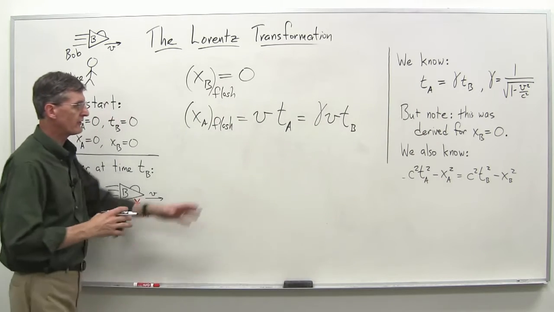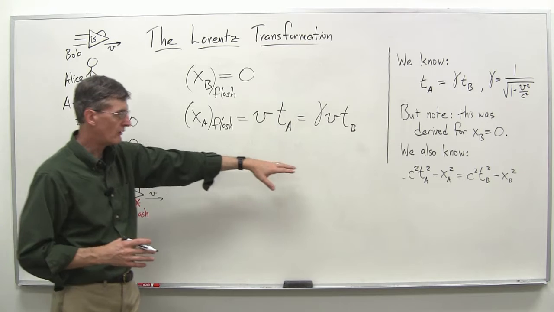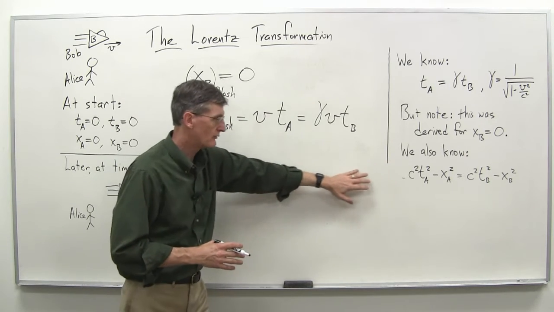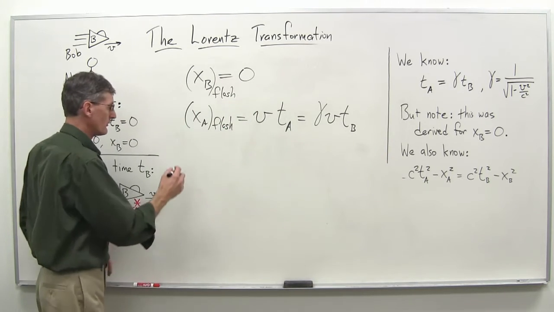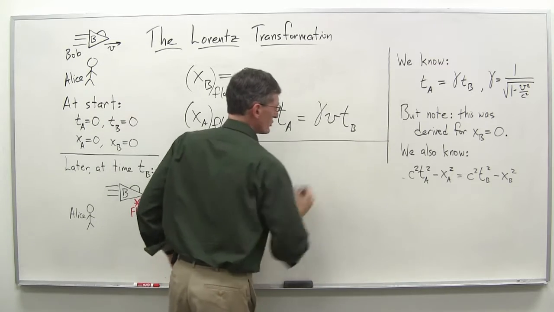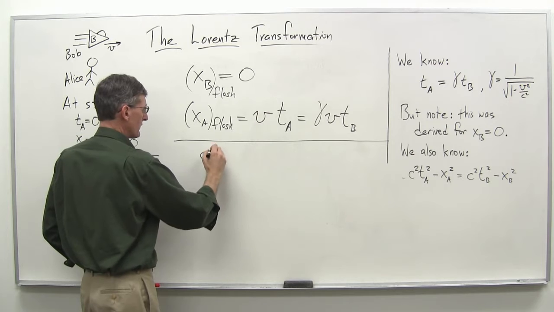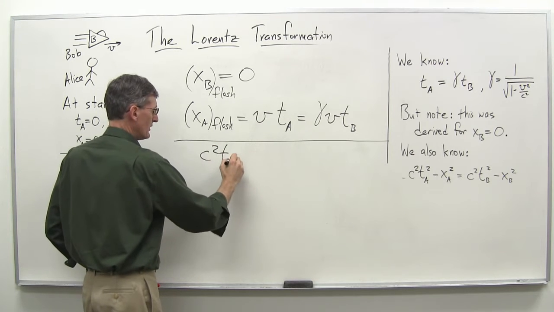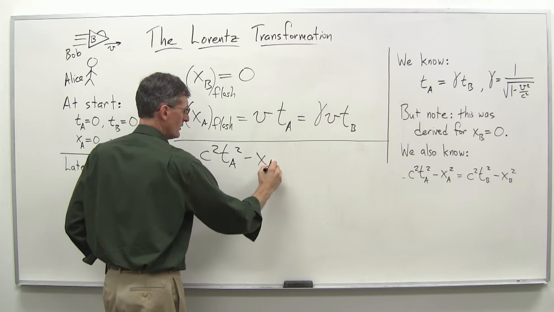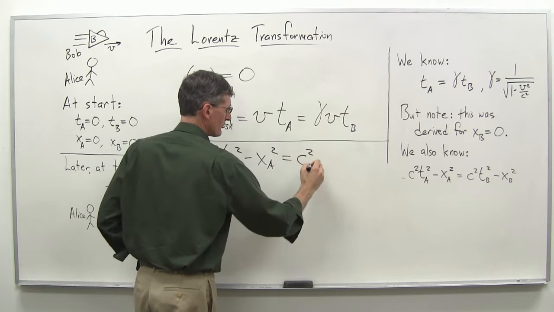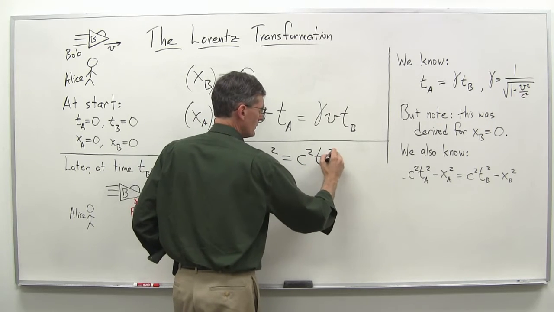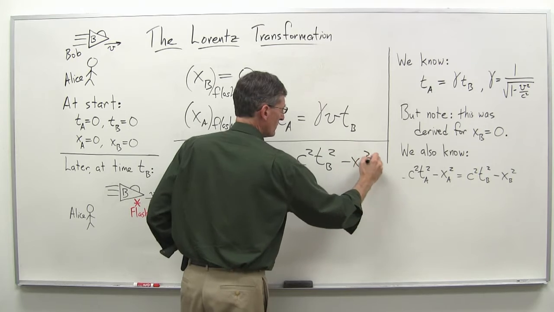Let's also get this in another way using our invariant interval equation, because we're going to use this more in a few minutes. Just to show you that it works the same way, let's rewrite this. We've got c squared t_a squared minus x_a squared equals c squared t_b squared minus x_b squared.